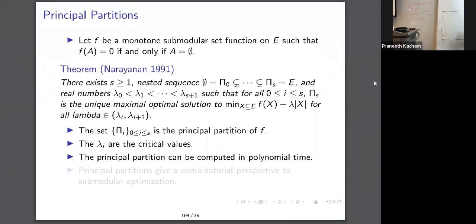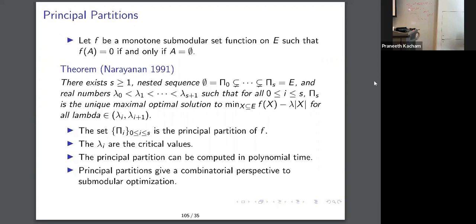So let's quickly recall what the principal partitions are for a monotone submodular function. It is going to give us a unique partial ordering of the elements.